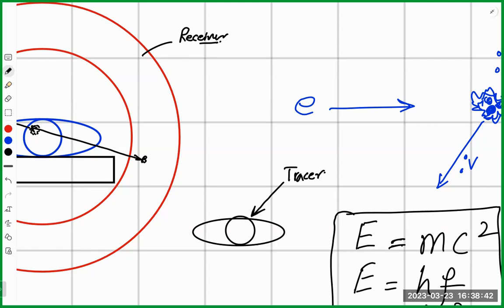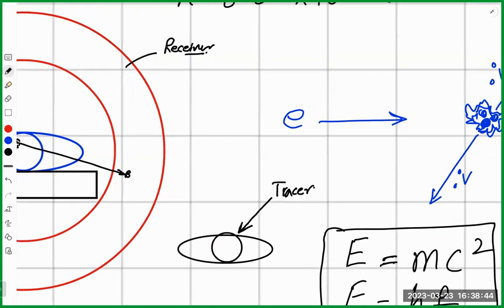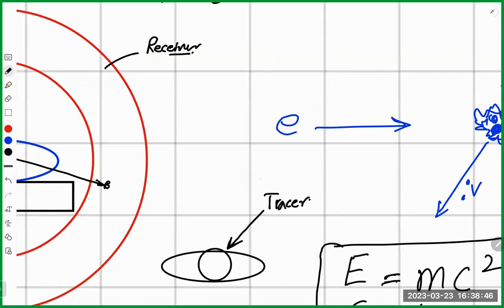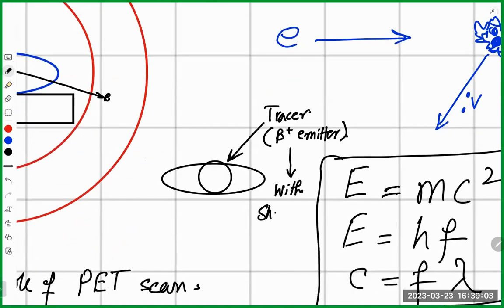So what is a tracer? A tracer is a beta plus emitter with a short half-life.